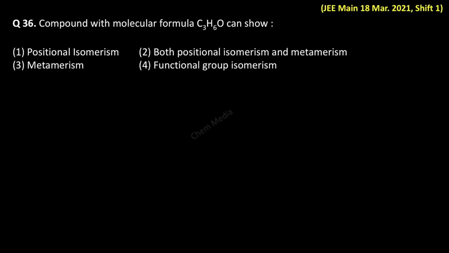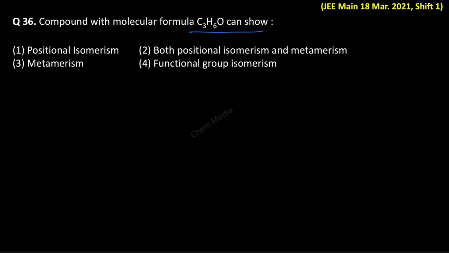Compound with molecular formula C3H6O can show which type of isomerism? In total, 3 different isomerisms are mentioned in the choices. For C3H6O, the degree of unsaturation is equal to 1 plus number of carbon atoms minus number of hydrogen atoms by 2. Oxygen atom doesn't participate in the degree of unsaturation calculation.